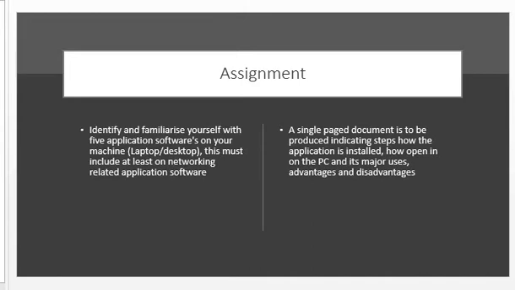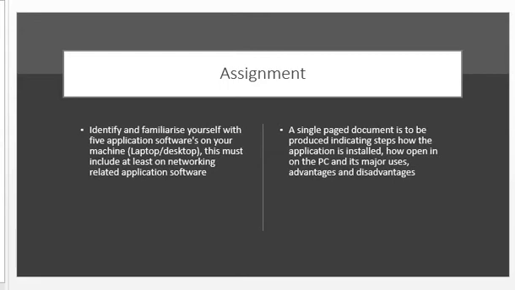Identify all the application software categories that are there and familiarize yourself with them. For this assignment, I want you to look at at least 5 application software packages on your machine, be it a laptop or desktop, and familiarize yourself with how they operate, how you start the application, and how you perform various tasks using it.